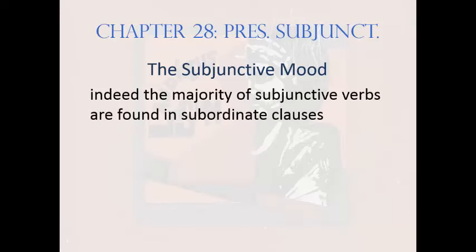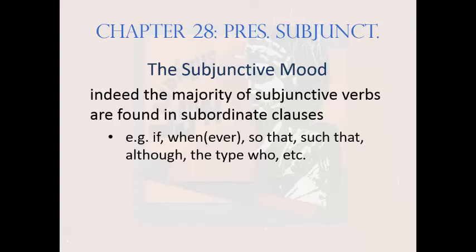The result is that by classical Latin, in the 1st century BCE, half if not more of subjunctives are found in clauses, many of which don't contain any dramatically uncertain sense, clauses that begin if, when, or whenever, so that, such that, although, the type who, along with quite a few others. That's why you haven't seen sentences with these sorts of clauses in them so far. You need to know the subjunctive, and soon you will.